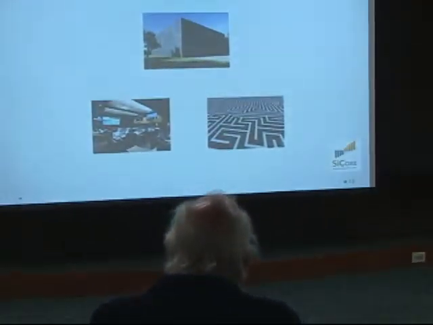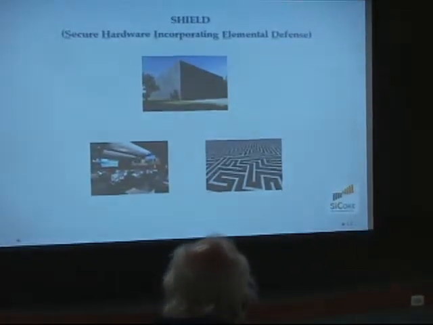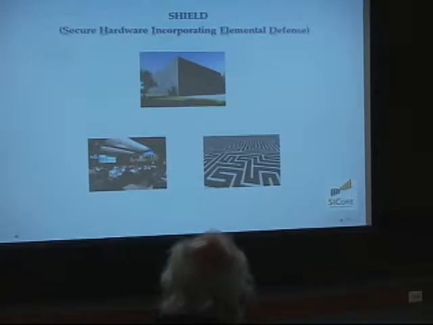Then inside that protected enclave is a control center, which is firmware, software that's running. And the labyrinth is what is known as the execution environment. In other words, the labyrinth in this picture represents the computer we're protecting and its computational environment.